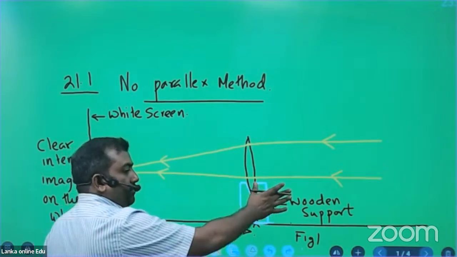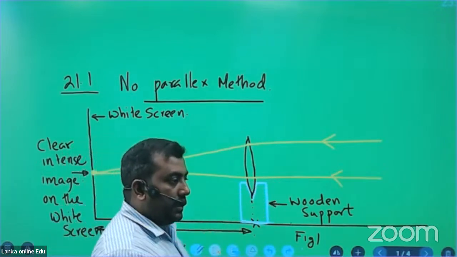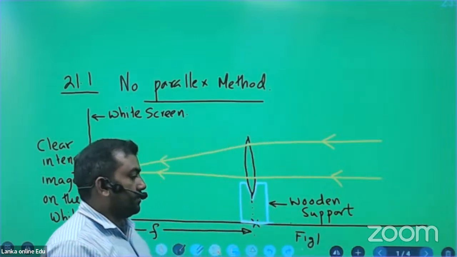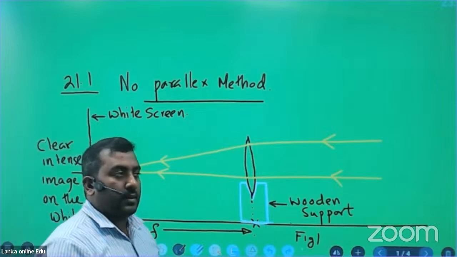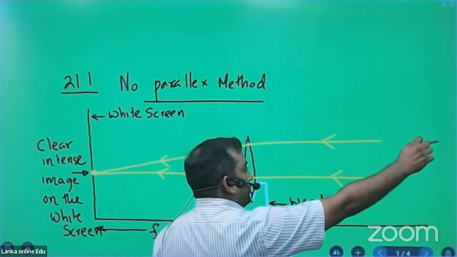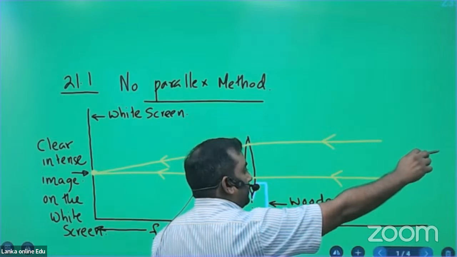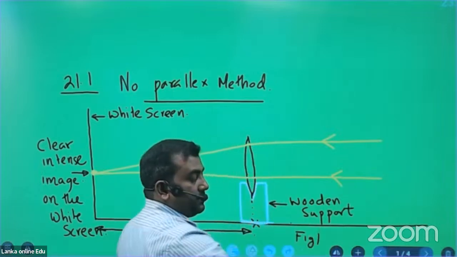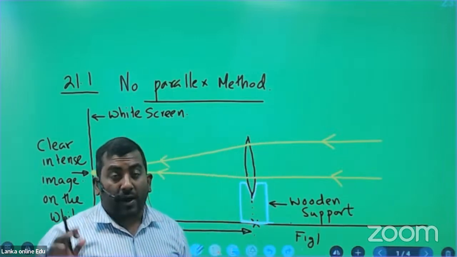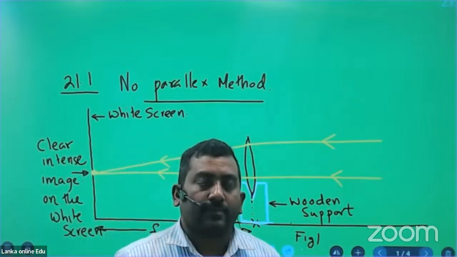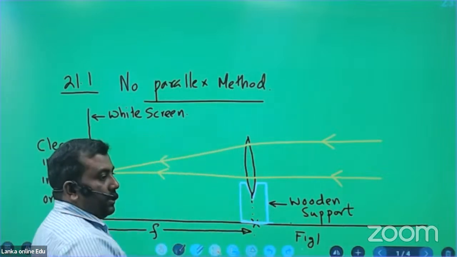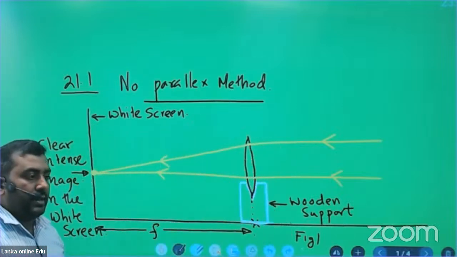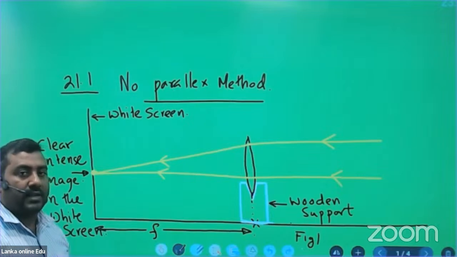Adjust the position of the wooden support such that light rays from a far object will pass through the lens.